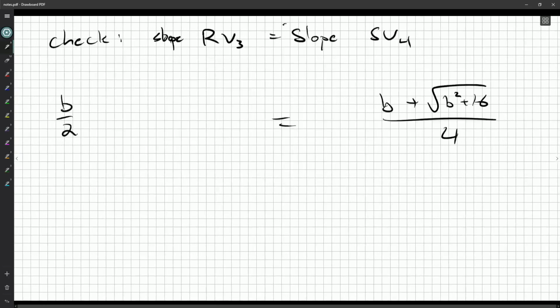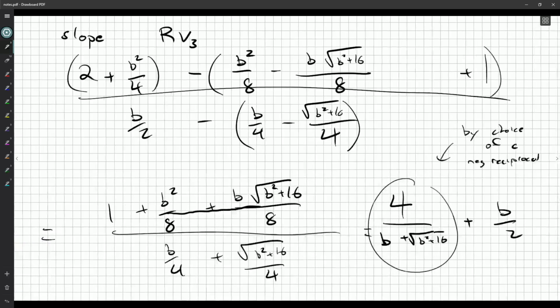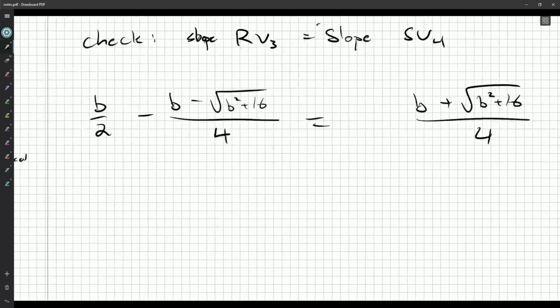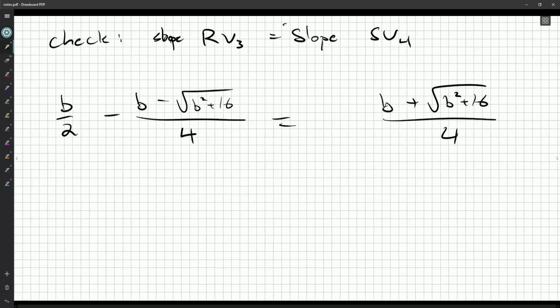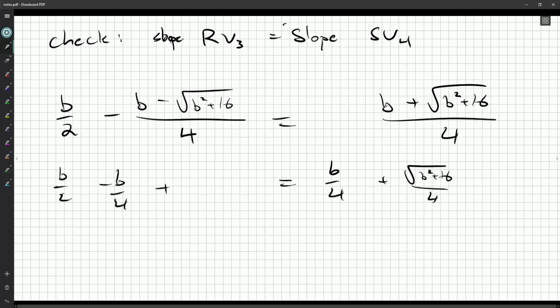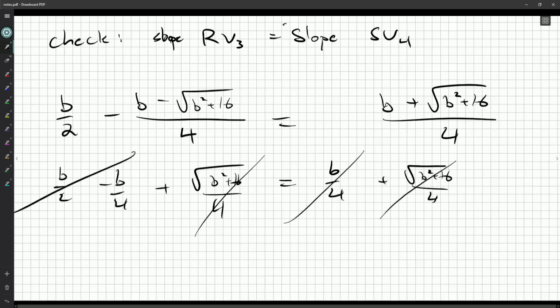And this is b over 2 minus b minus the square root of b squared plus 16 all over 4, right? And so this is b over 4, and this is plus the square root of b squared plus 16 over 4. This is b over 2 minus b over 4 plus the square root of b squared plus 16 over 4. Cancels, cancels, cancels, cancels.